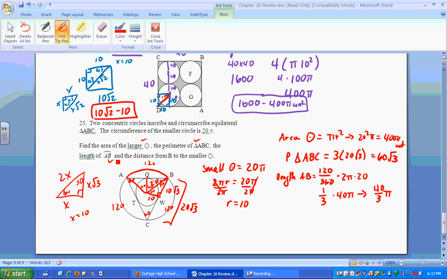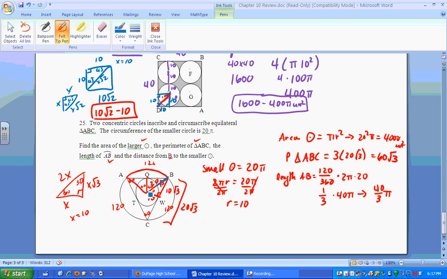And last but not least, to finish it all up, hopefully it's going well once again, and you're not feeling too defeated, you want the distance from B to the smaller circle. So just like what we did up here, we want B to the smaller circle, this line right here.